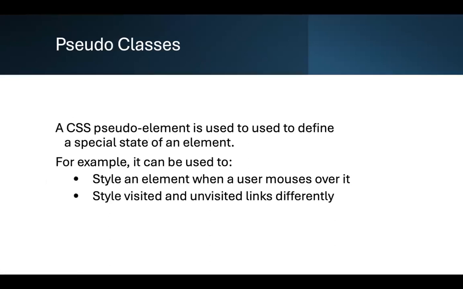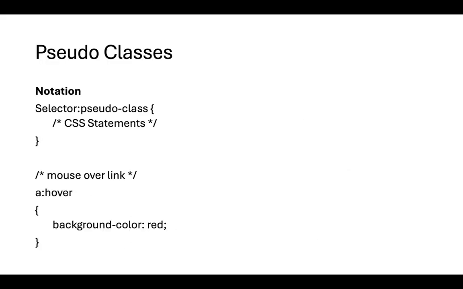A pseudo element is used to define a special statement of an element. As an example, style an element when you use mouse over it. That means mouse meet that element. Style visited and unvisited links differently. So likewise, we can use it.